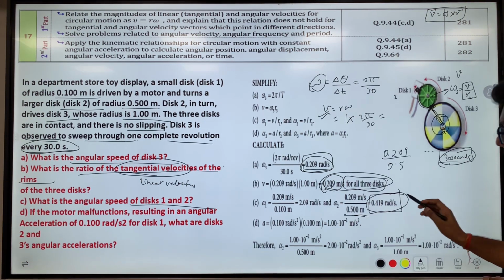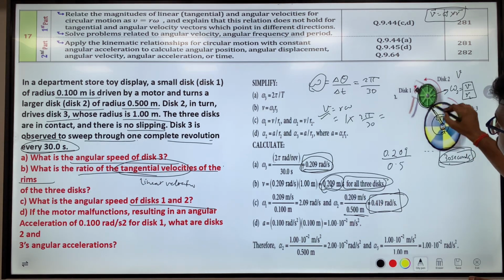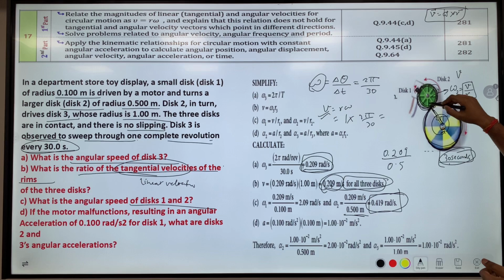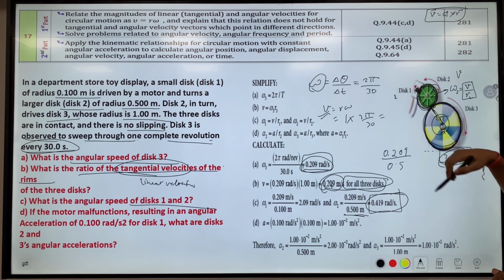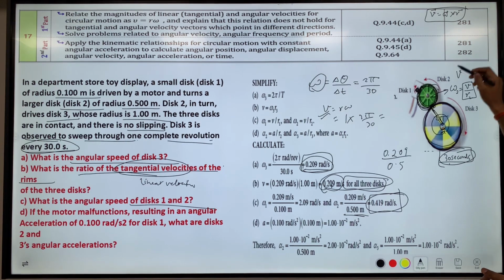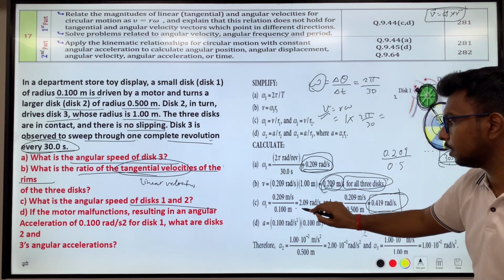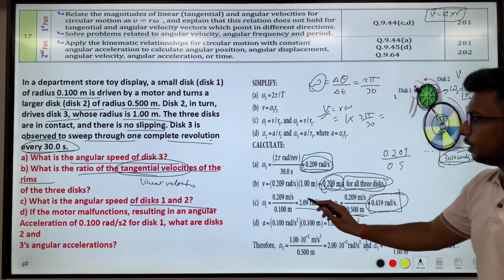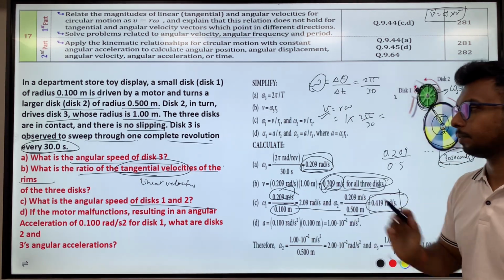Why are they double? Because this one would be rotating faster than this one. It would have to cover at least 2-3 circles to make this one rotate at least once, and this would have to cover multiple ones. So this one's angular speed is going to be faster, 2.09. Same thing, speed over radius.